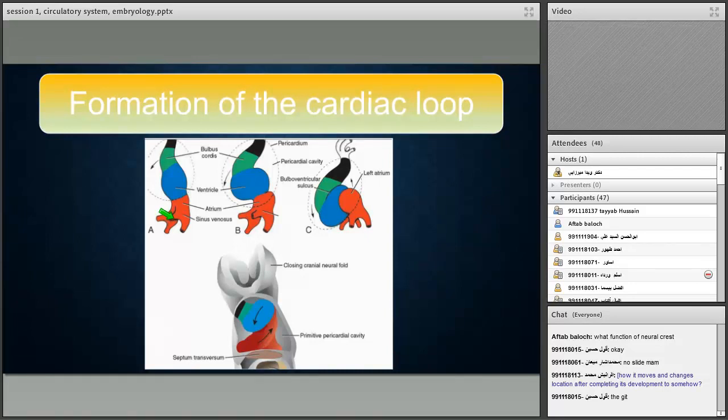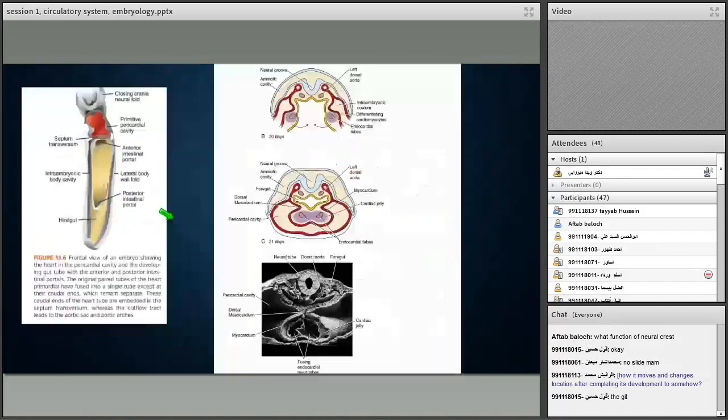At first, just some parts of the cardiac tube are placed in the pericardial cavity. Let me show you again. Look at here. Here we have the primitive precardial cavity, and before folding, just some parts of the cardiac tube are placed in the pericardial cavity. But after folding, all parts of the heart have to enter into the precardial cavity, like the final form.